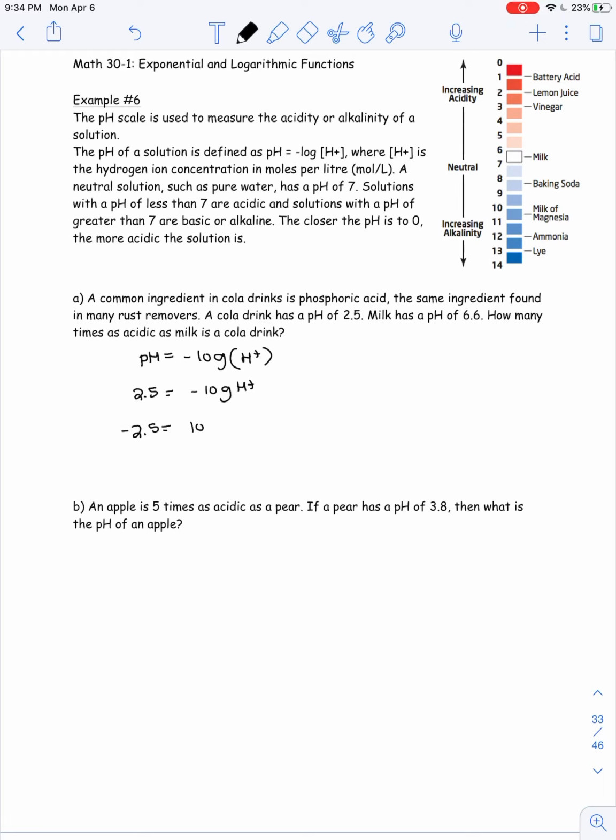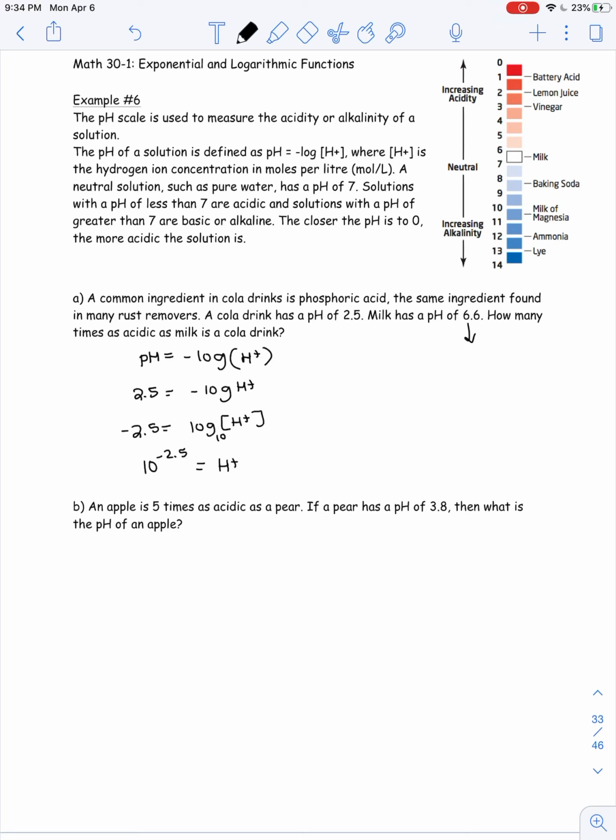So we're going to move the negative to the other side first of all. So that gives us log of H plus. And then we're going to change it to exponential form. So the base, if you don't see it, is a 10. So it's going to be 10 to the power of negative 2.5, and that's equal to your H plus.